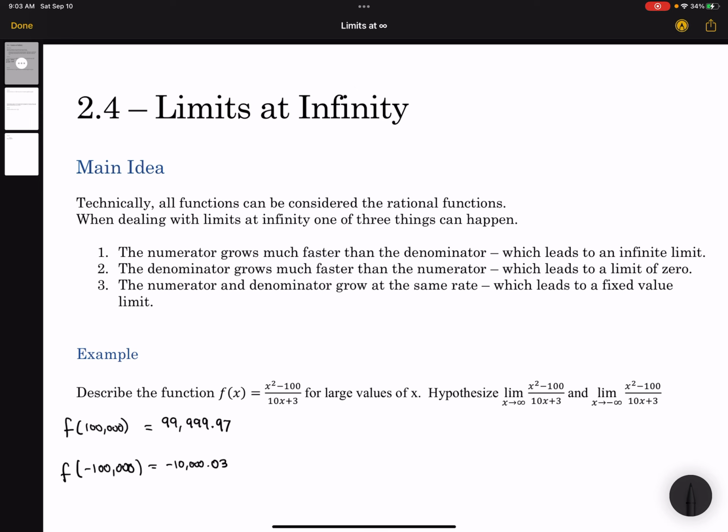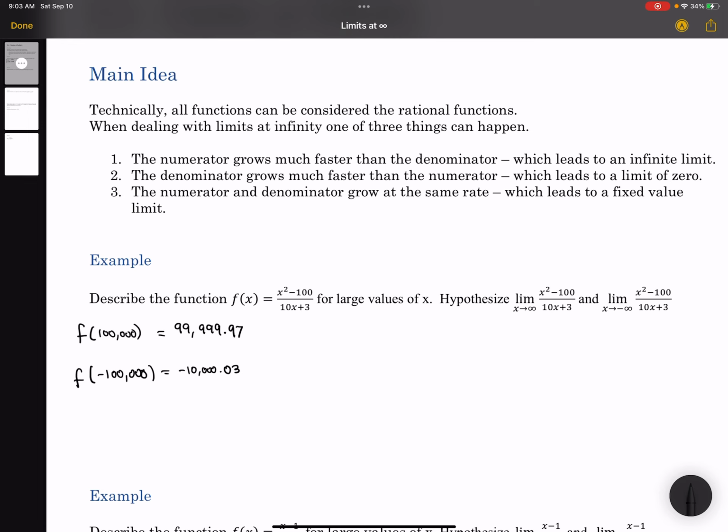Now, say we had to actually prove this analytically. When x is very large, the negative 100 isn't going to contribute much to the calculation of x squared minus 100. Think if x was 50, for instance. 50 squared is equal to 2,500.